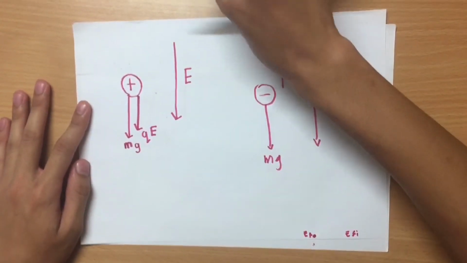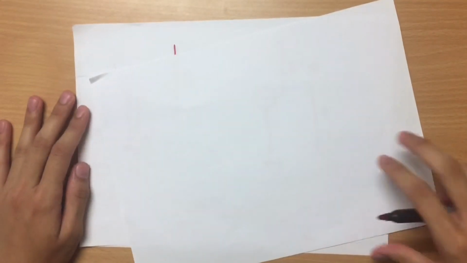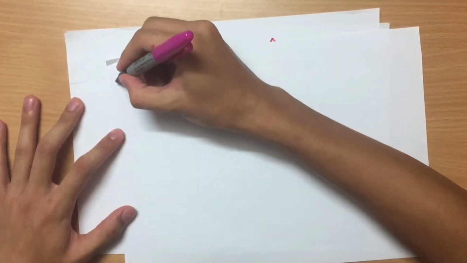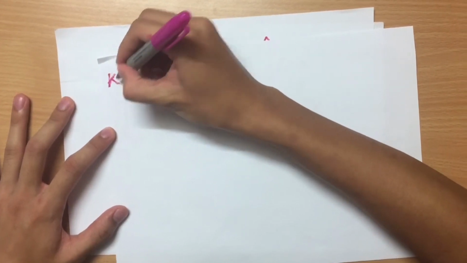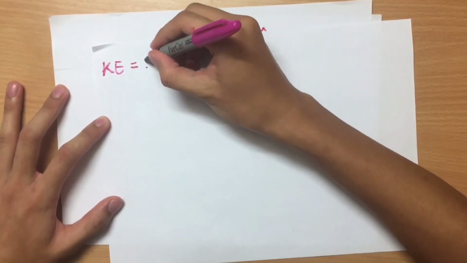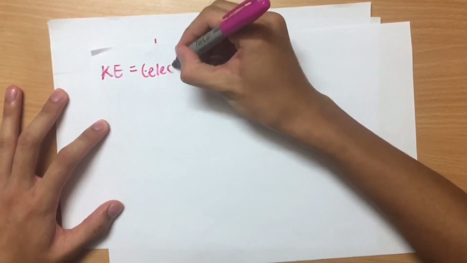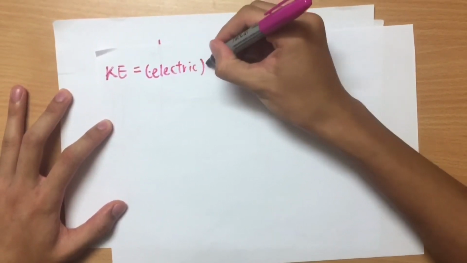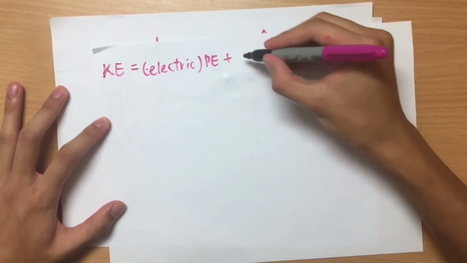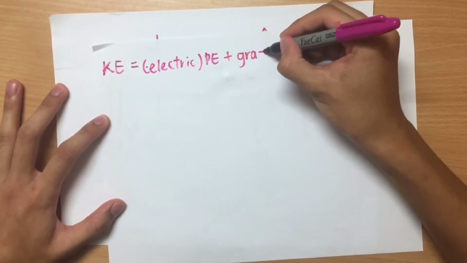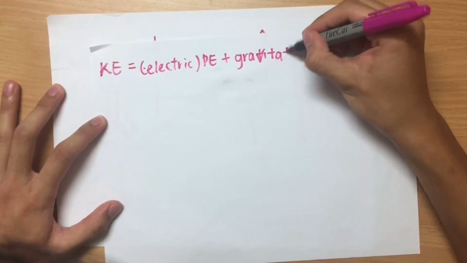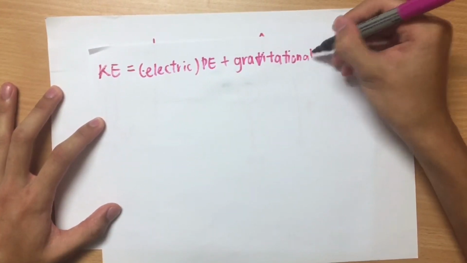So the conservation of energy equation for the positive charge will be kinetic energy equal to electrical potential energy plus gravitational potential energy.